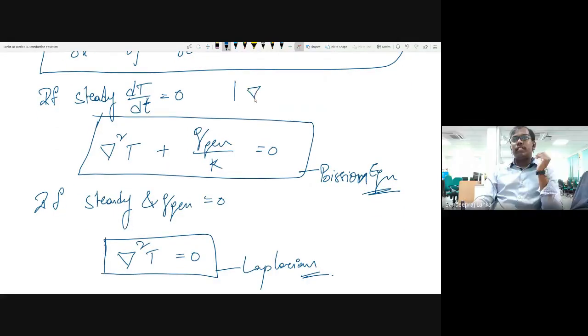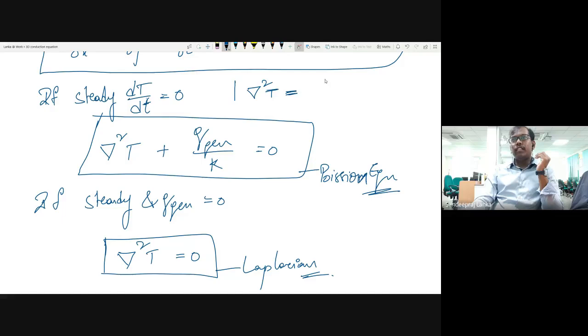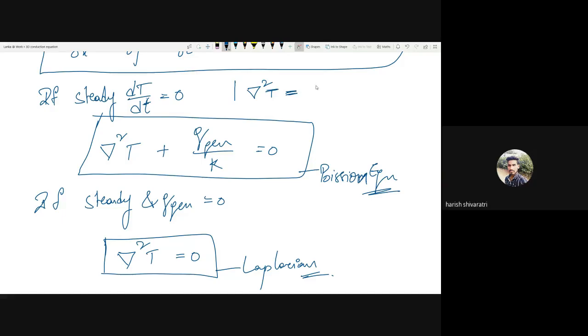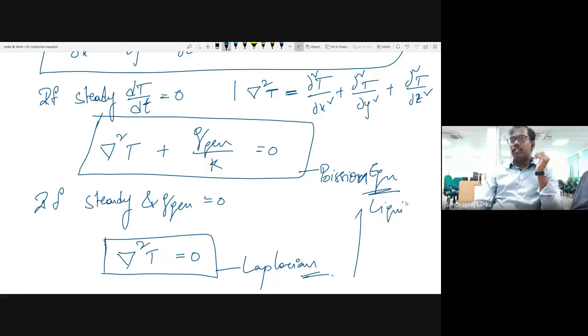Sir, why are we considering specific heat at constant pressure? CP you wrote, sir. Why don't I consider CV? That's your question? Yes, sir. See, for liquids and solids, CP is almost equal to CV.